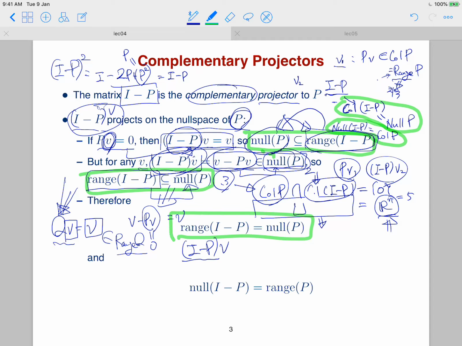And likewise, if we use I minus P originally instead of P, then we can do a similar proof to obtain this relationship.